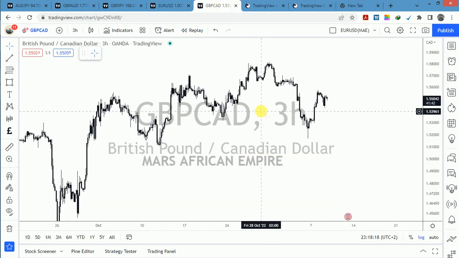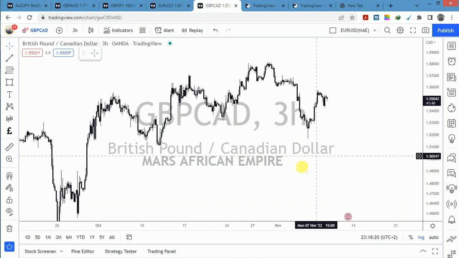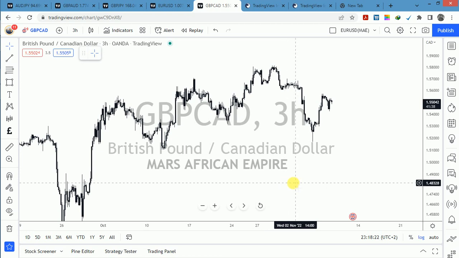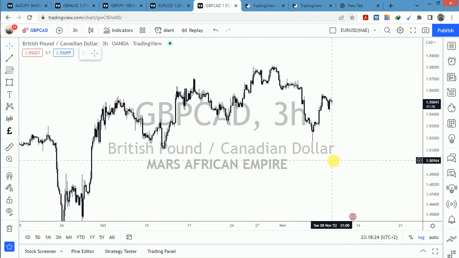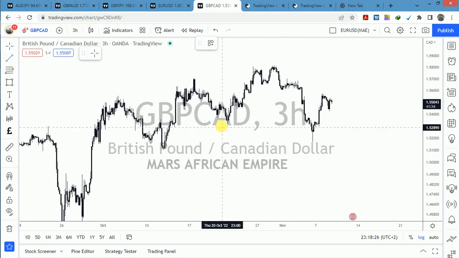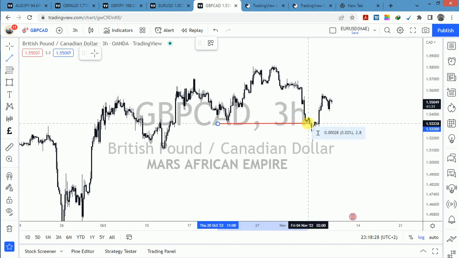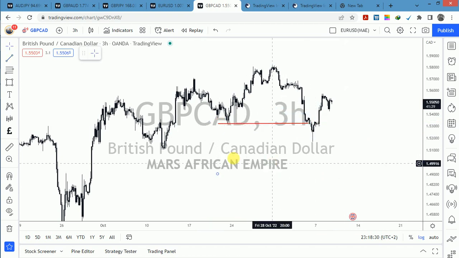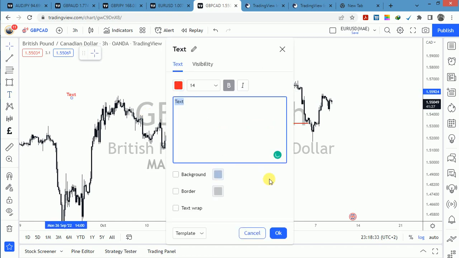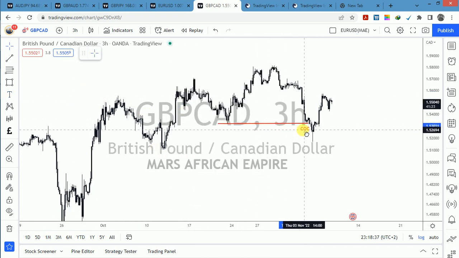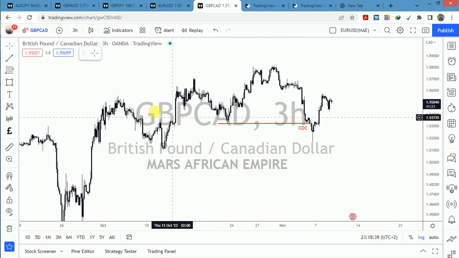EURUSD, and then GBPCAD. I think GBPCAD is similar to other GBP pairs. The first thing that I can see here, we have a change of character. So with a change of character, what should we do? We should look for an order block above, then we can continue to drop.